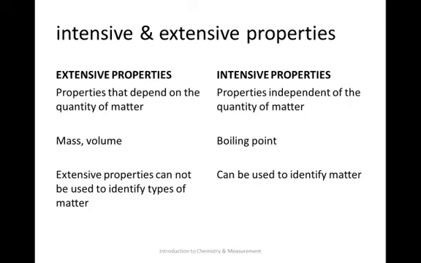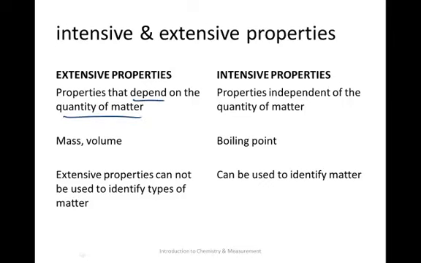We can discuss any of those properties, chemical or physical properties, in terms of how they are dependent on our sample. We can talk about extensive properties and intensive properties, and there's a very big distinction between these two. Extensive properties depend on the amount of material you have, or the quantity of matter.